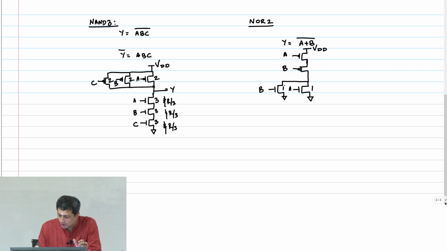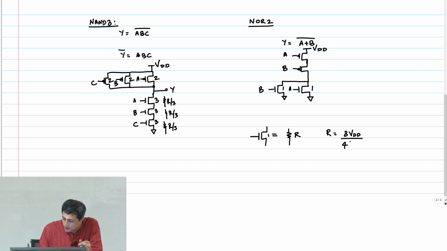So now if a unit NMOS transistor gave us a resistance of R, okay, this is size 1. Remember the formula was R equals 3 VDD by 4 ID SAT, okay. What would this transistor give us?